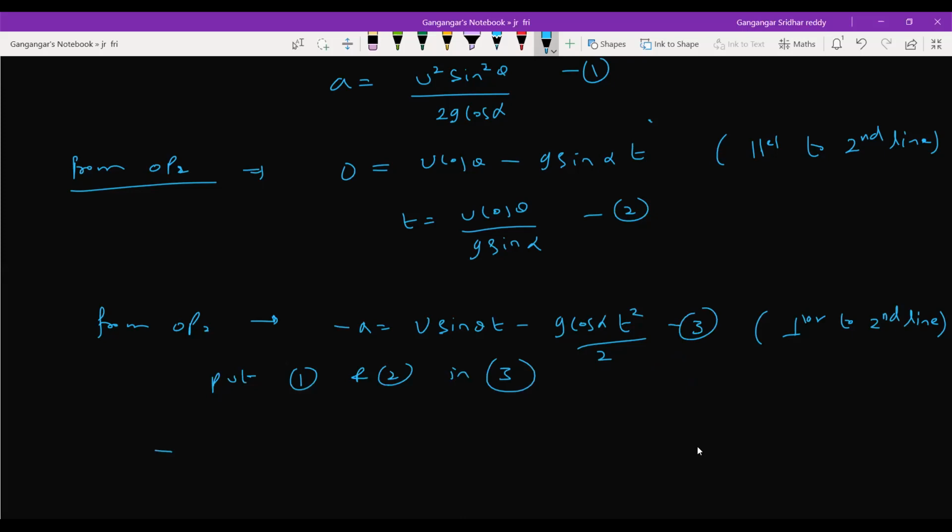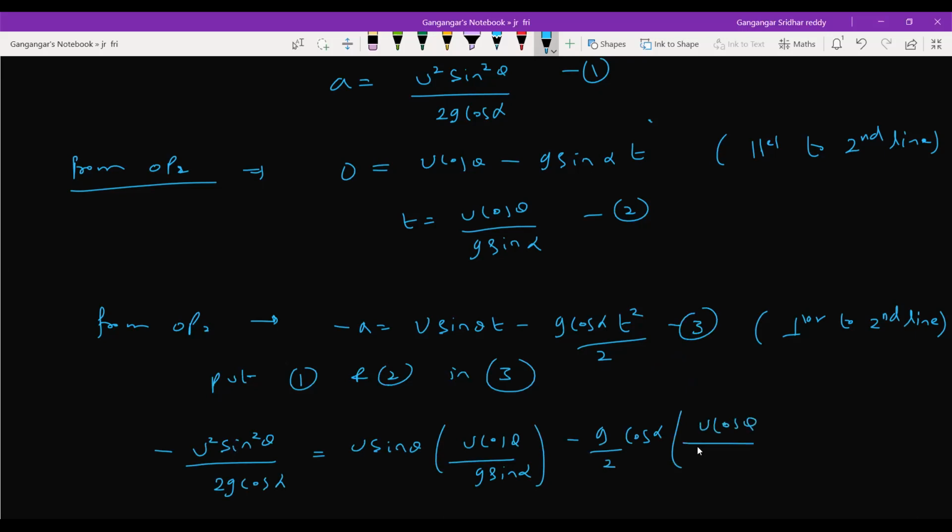So this will be minus of u square sin square theta by 2g cos alpha equal to u sin theta... So u square gets eliminated, g gets eliminated, then what's left over will be only theta and alpha.